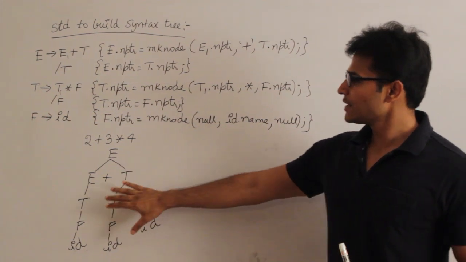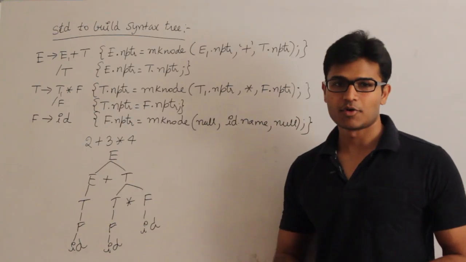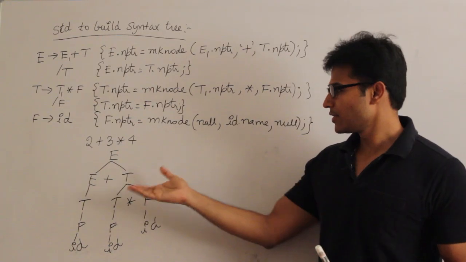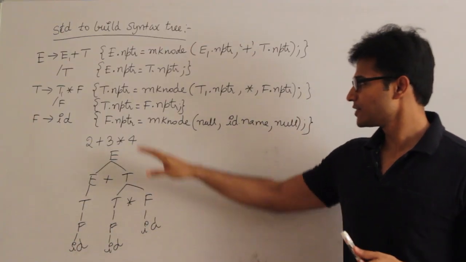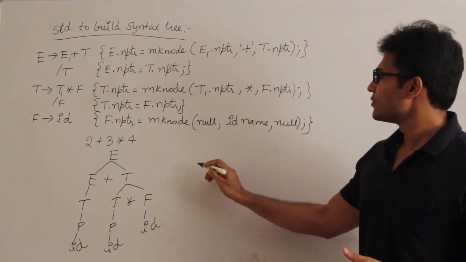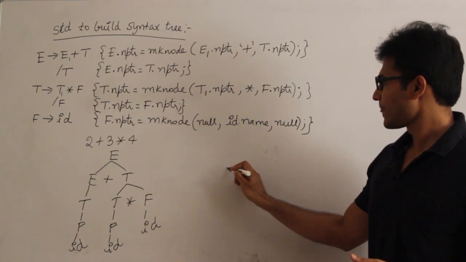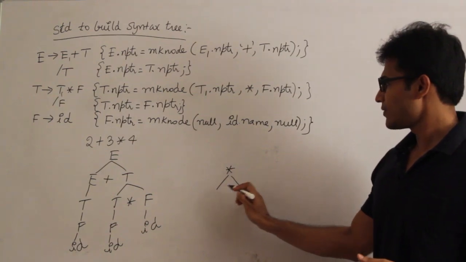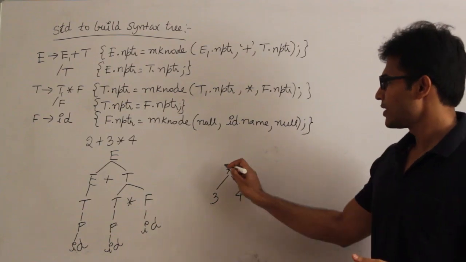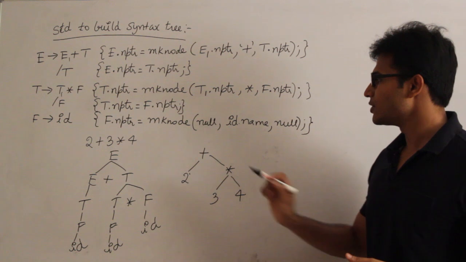So instead of representing these many nodes and then finally representing this small sentence, we could use fewer nodes and represent the same sentence. How we can do it is, we could do like this. Star has higher precedence, therefore 3 into 4 will be evaluated here, and then plus has lower precedence, which means 2 plus 3 into 4.